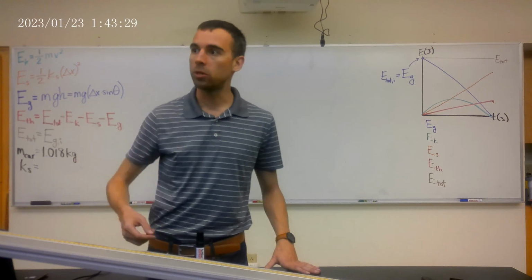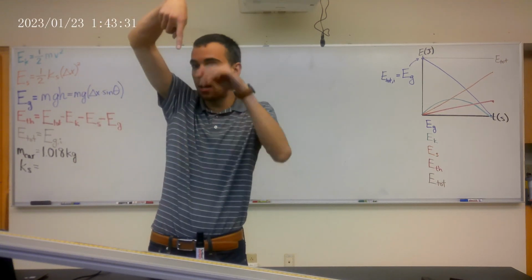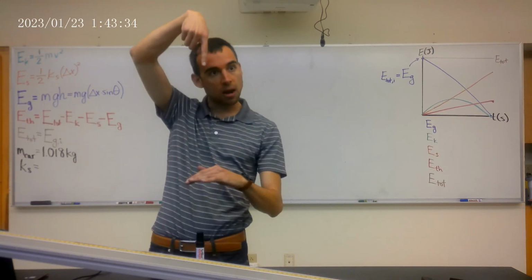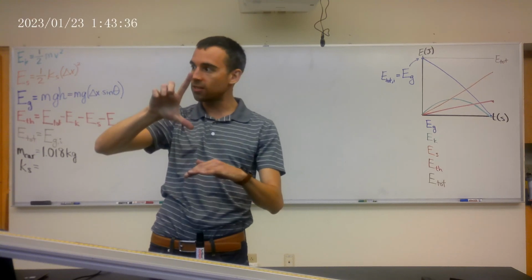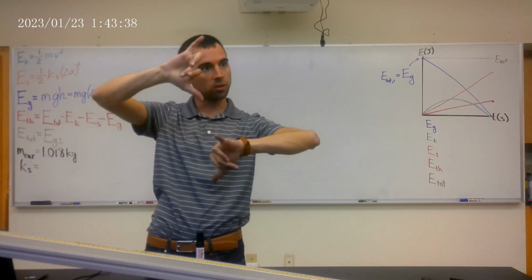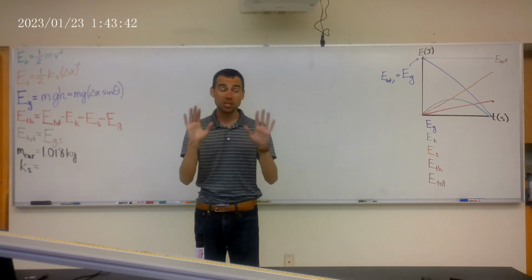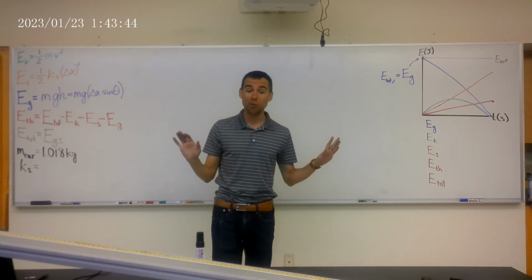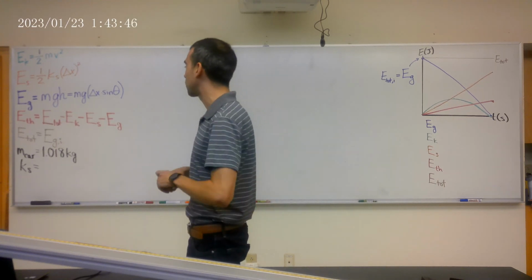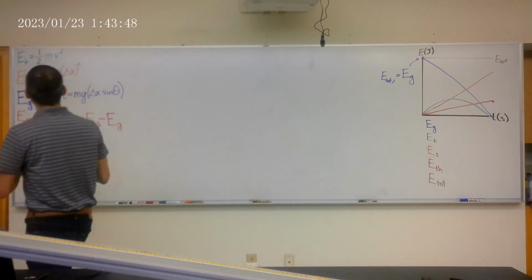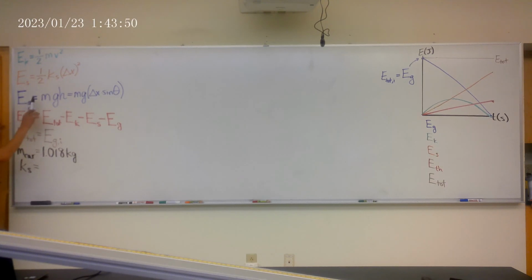Another way that people would do it is you would hang the spring vertically, put some mass on it so it stretches out, you measure how much its displacement is, and you set the spring force equal to the gravitational force, and you can figure out your spring constant that way. But there's an even quicker way that we're going to go over in just a little bit once we get into CAPSTONE. So we got mass, we got spring constant. Let's look at our next.